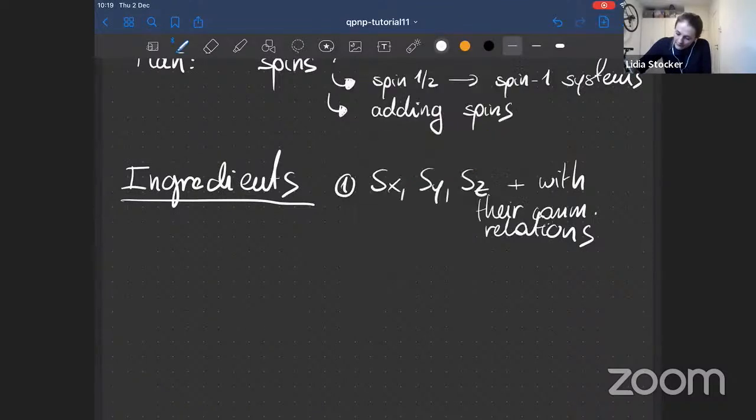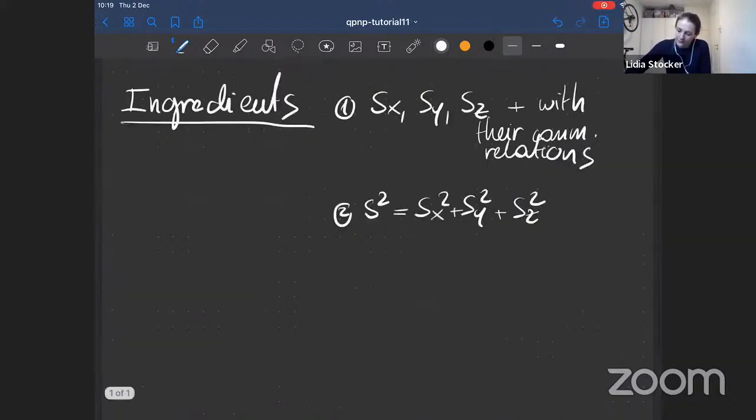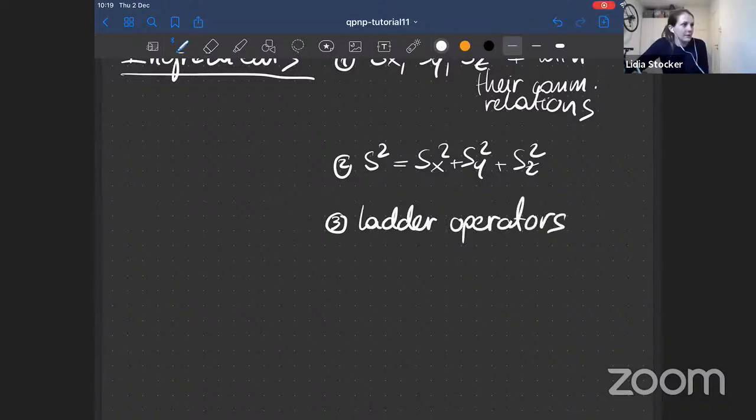What else do we have? We have the S² operator, which is defined like this, and is also particularly nice because of some commutation relations with the Sx, Sy, and Sz operators. And we have other operators, which are the ladder operators. You discussed this in the lecture. S plus equals Sx plus i Sy, and S minus, this was the definition.